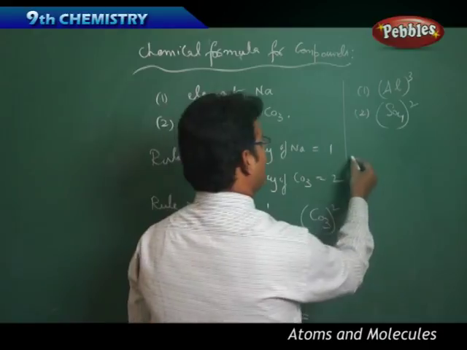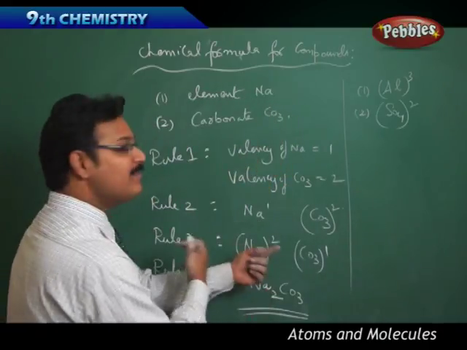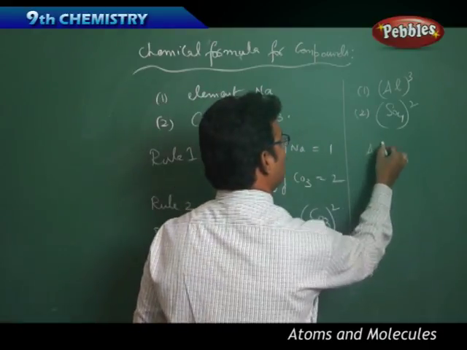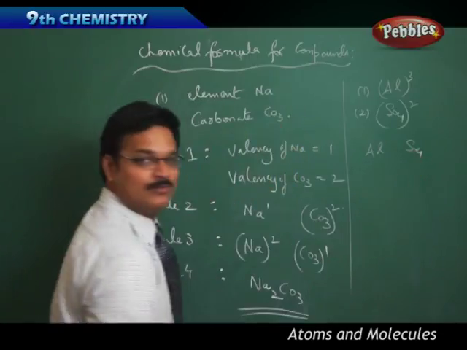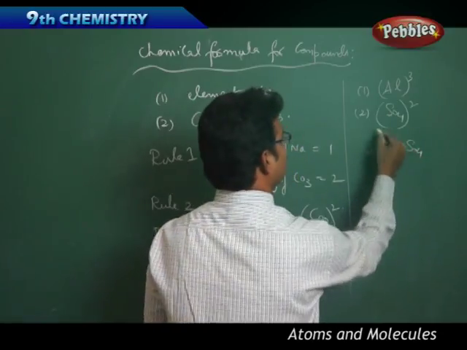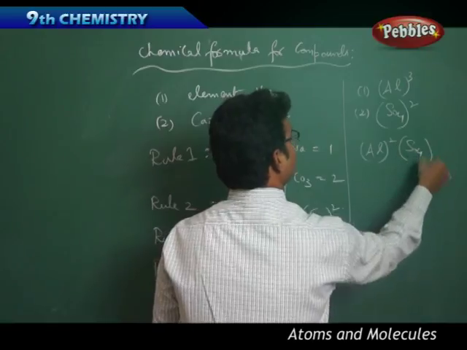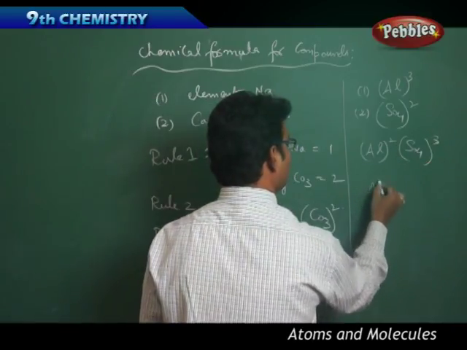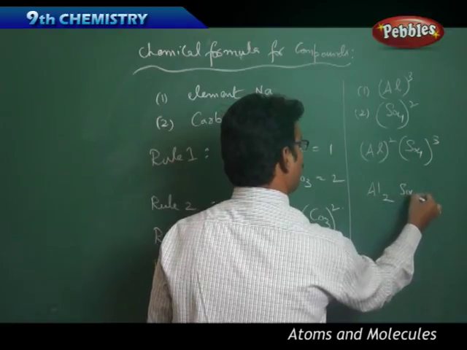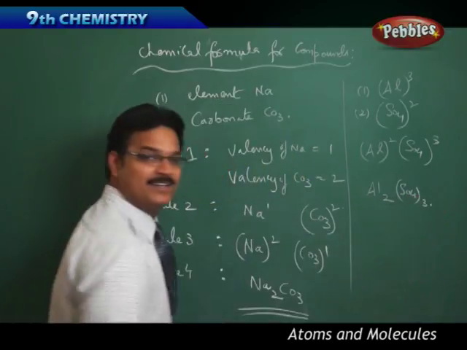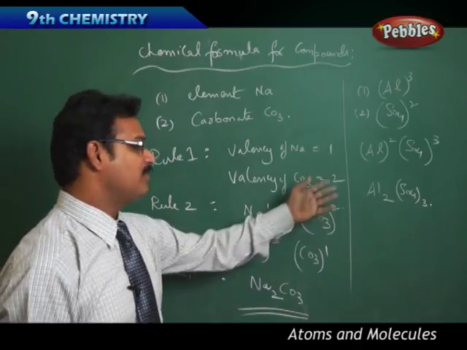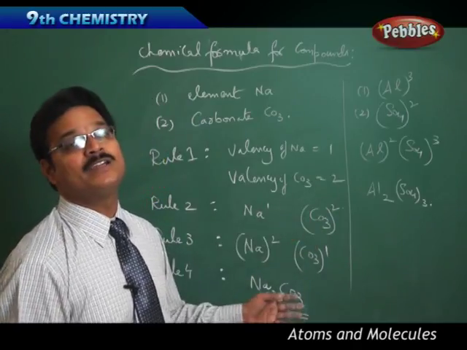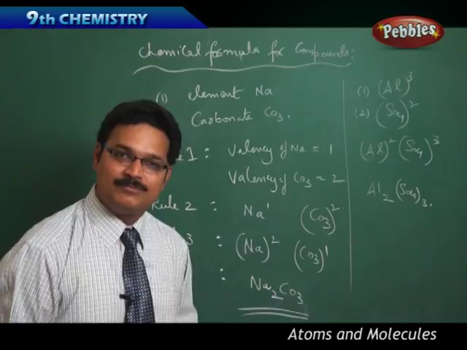So now next step is what? Interchange the valencies. So write like this: aluminium, sulfate, SO4. Interchange. So its valency becomes 2, its valency becomes 3. Now write the compound name. So Al2(SO4)3. That is the chemical formula for the compound. So try for other chemical compounds also.